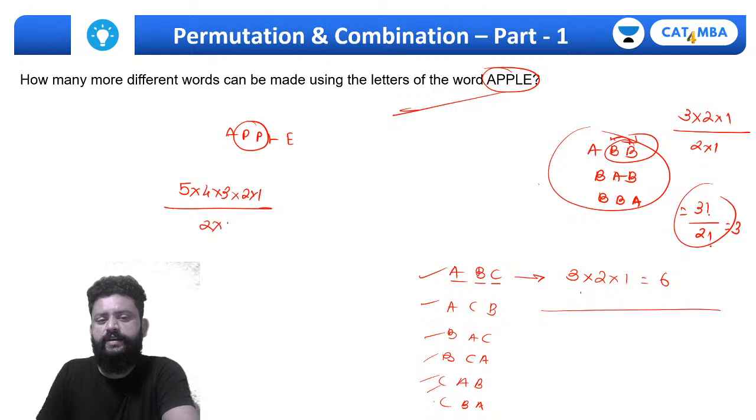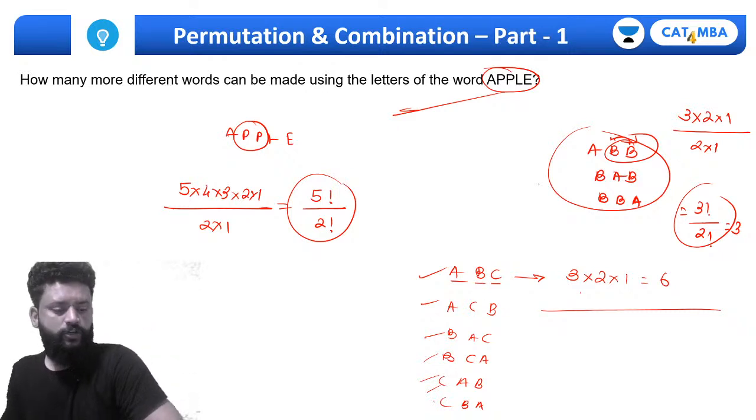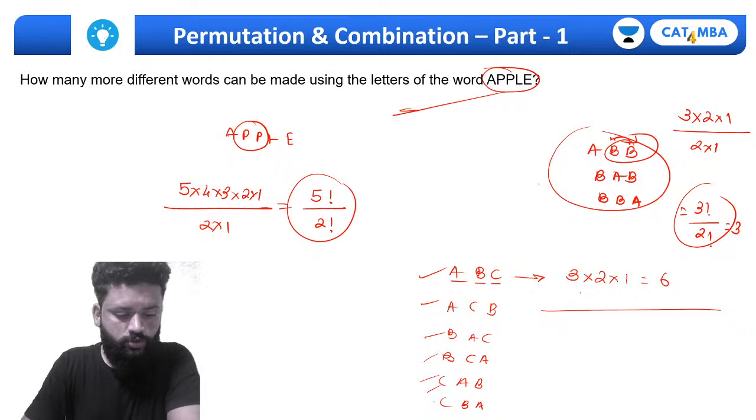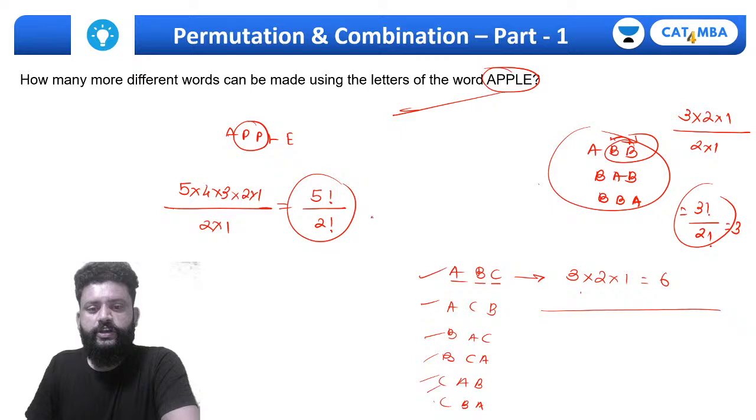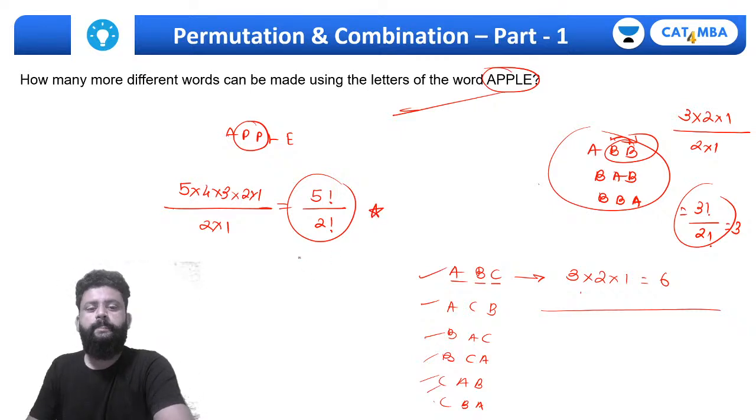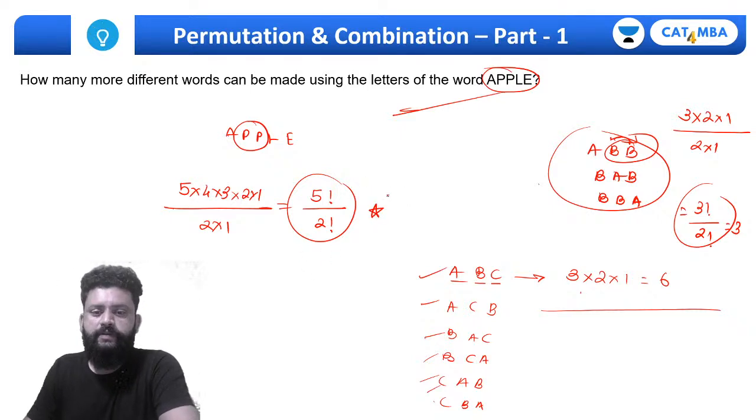So I'll divide it by 2 into 1, or simply you can say 5 factorial divided by 2 factorial, because we need not arrange those two P's. That's the simple conclusion you can have. So answer for this question will be 5 factorial divided by 2 factorial, that is 120 divided by 2, which comes out to be 60.